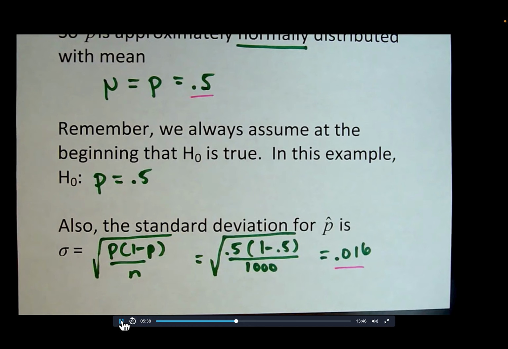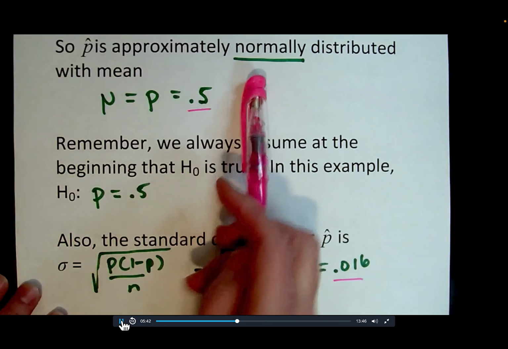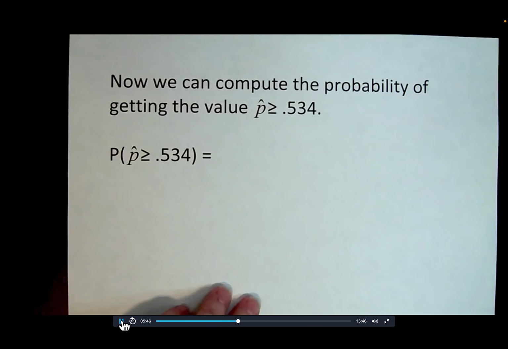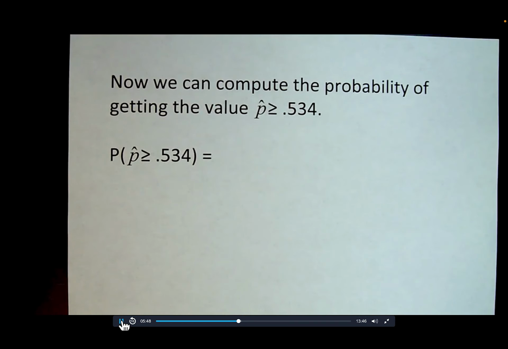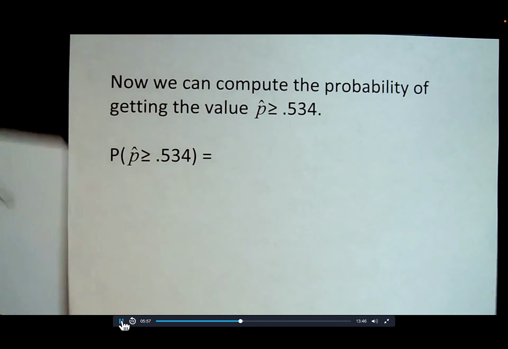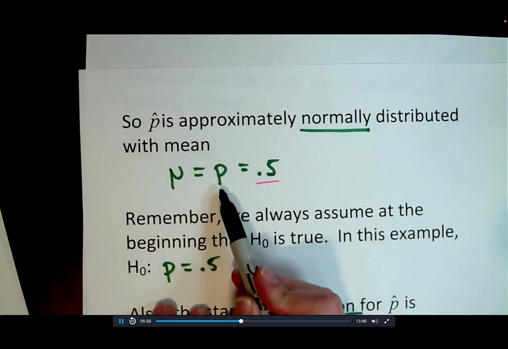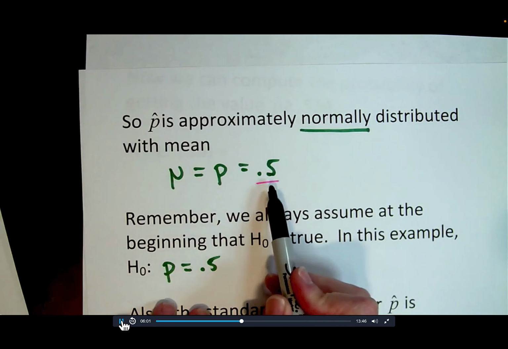But remember, we have a way of converting this normal distribution to the standard normal z distribution. So we're going to use that to compute the probability of getting the value p hat greater than or equal to 0.35 under the assumption that the actual population proportion is 0.5.